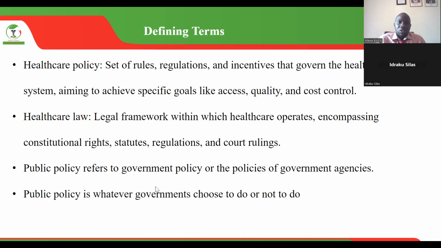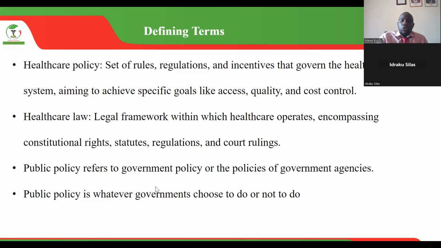It includes the constitutional rights of members of the public, the healthcare workers or health providers, and even the statutes, the regulations, and the court rulings. So we look at the general legal framework under which the given healthcare system operates. That is basically healthcare law.